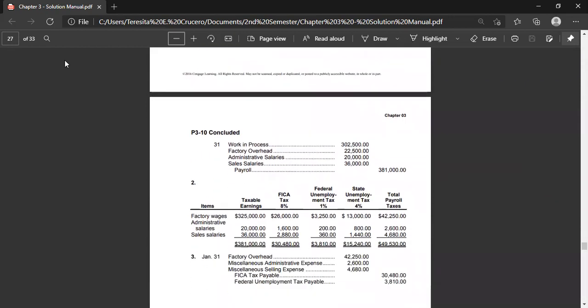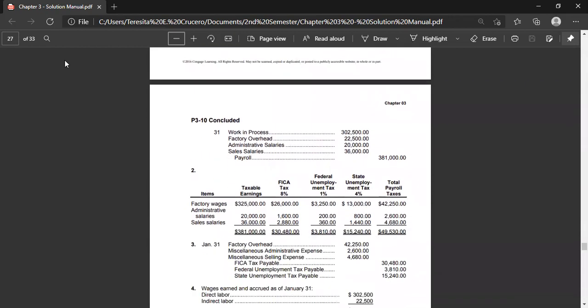In requirement number 2, the problem is asking for the completion of the previous form to show the payroll taxes imposed on the employer for January. So we now have the items, factory wages, administrative salaries, and sales salaries.